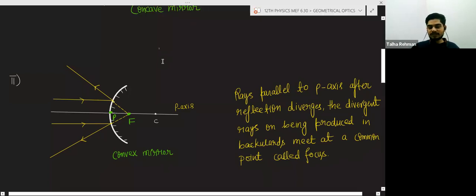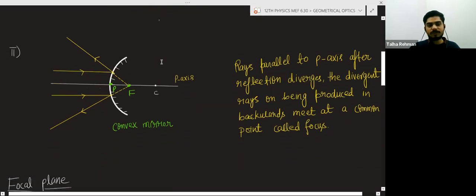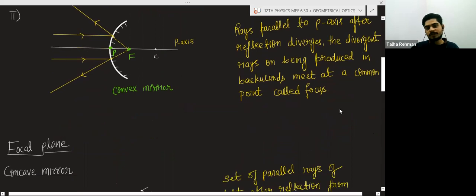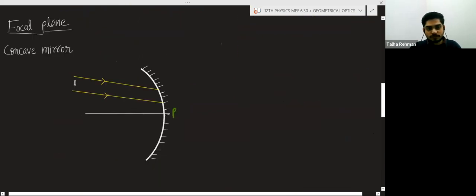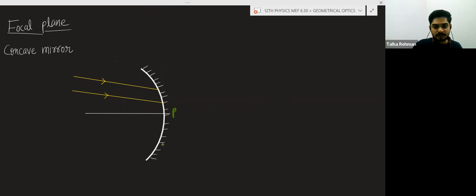After that we will discuss the focal plane. So what is the focal plane? Suppose these are parallel rays of light, and this is a concave mirror. This is the pole, and somewhere here will be the center of curvature.